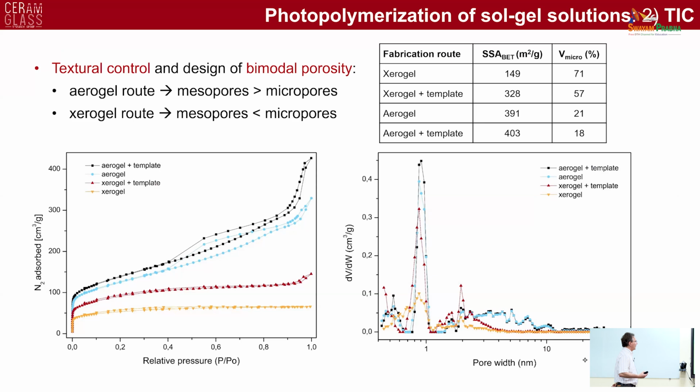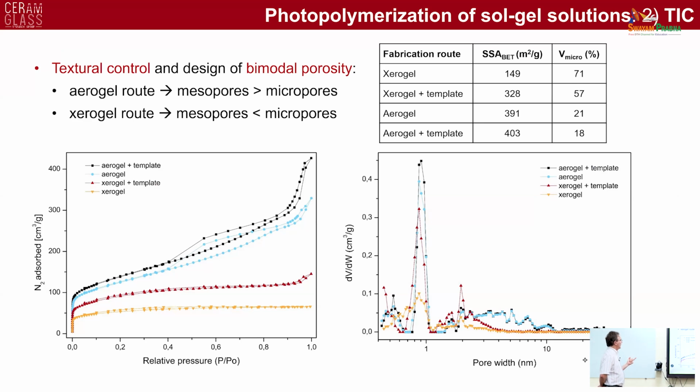And with this type of textural control that we carried out, you can see that if you do not do any type of microstructural control in terms of the porosity, so if you simply have the xerogel, the specific surface area is not very high.